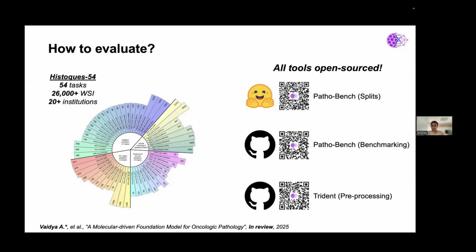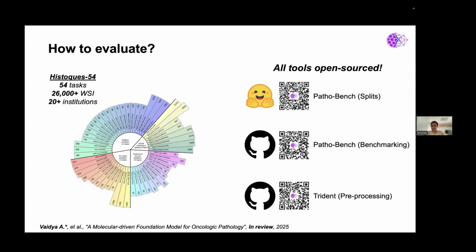And a very good use case of PathoBench is that if you want to evaluate 5 different models on 54 different tasks using 3 different image encoders, that can easily scale up to thousands of experiments happening simultaneously. We have done a lot of software engineering to make this parallelization of these evaluations very easy for the community.